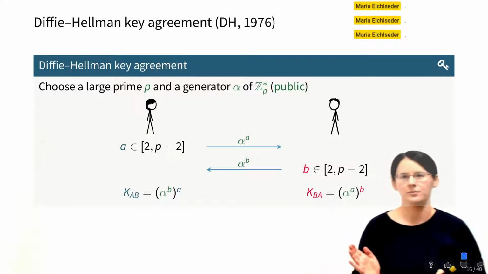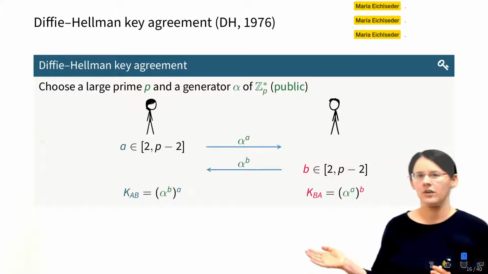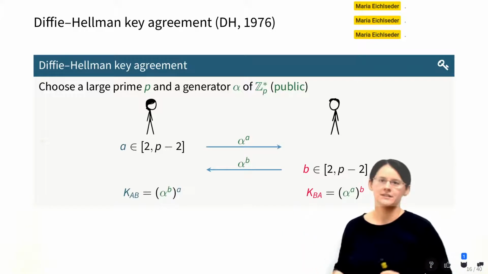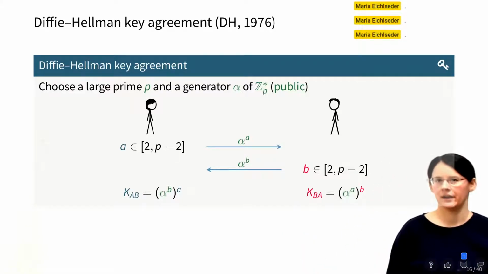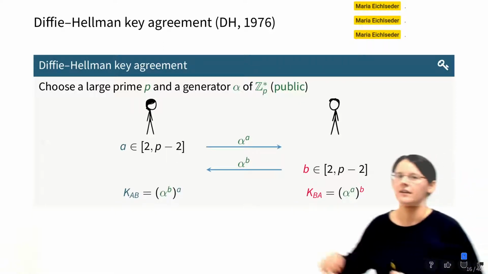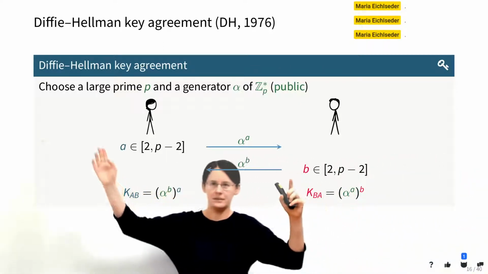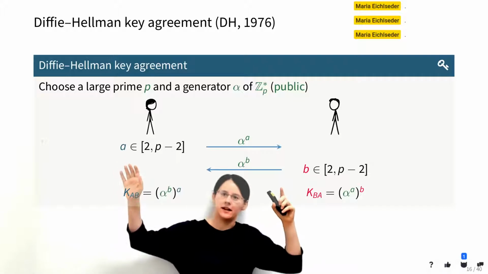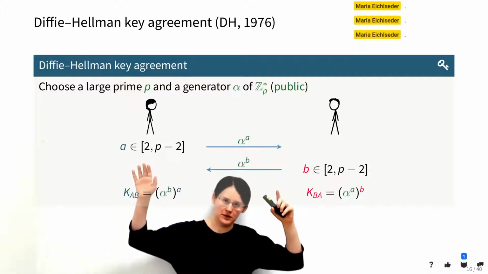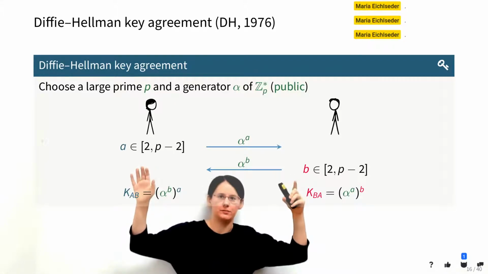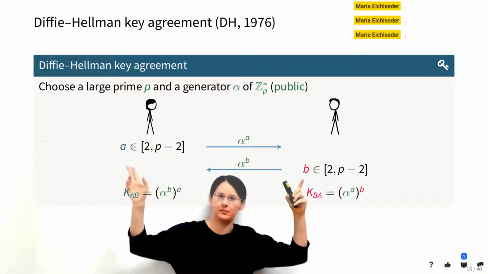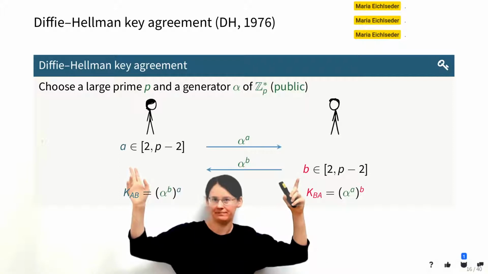It works as follows. The goal of the protocol is for two participants, Alice and Bob, to agree on a shared secret key. For this purpose, they each generate a private key. Alice's private key is a number between 2 and p-2, and Bob's private key is also a number between 2 and p-2, both of them uniformly randomly chosen.